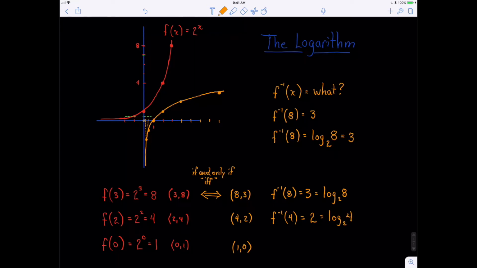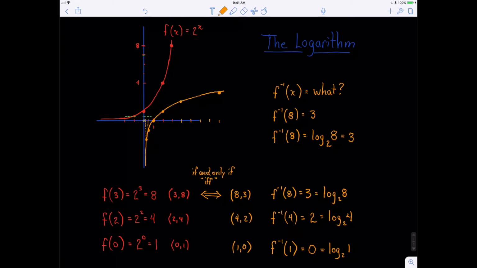And finally, we also know that if we put a 1 into the inverse function, it has to be 0, and the actual function is log base 2 of 1. That's what's going on.